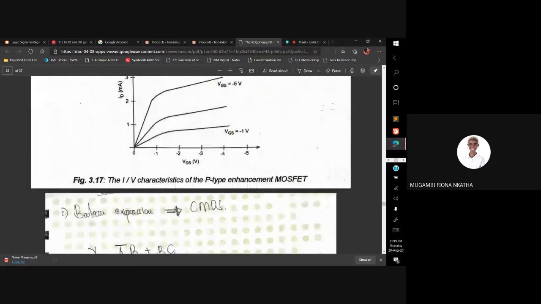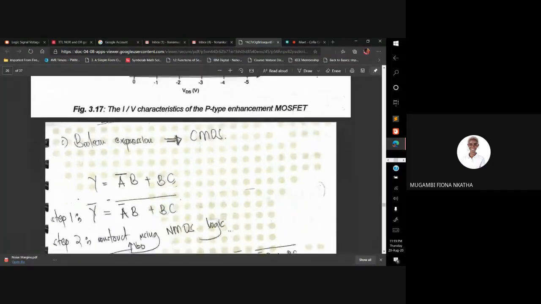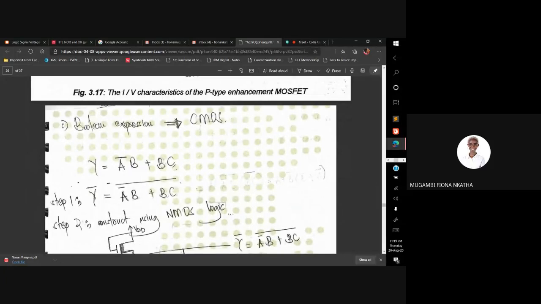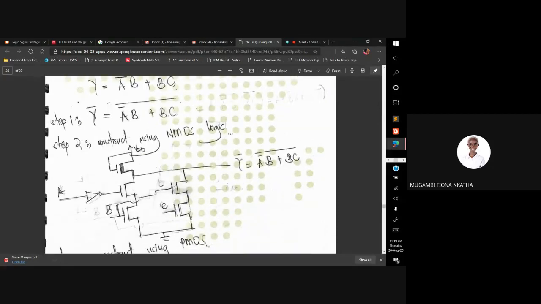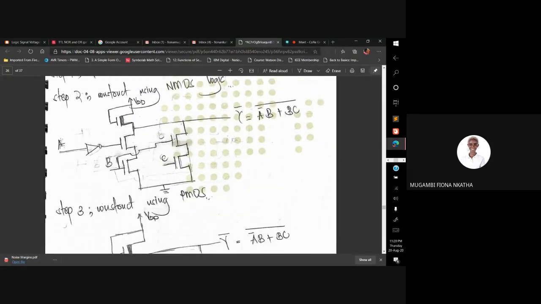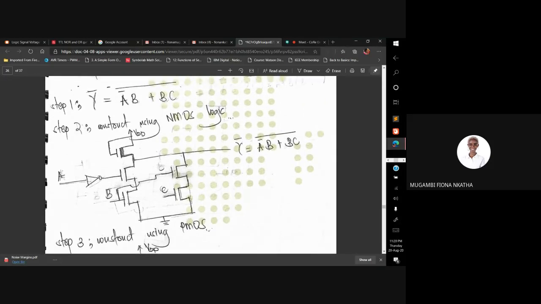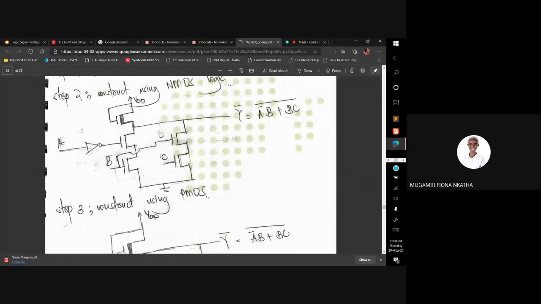So when you're given a Boolean expression and you convert it to CMOS, you have Y equal to that. We know that CMOS eventually inverts, so step 1 is to do the inversion of all of it. Step 2 is to construct it using NMOS logic so that you know how it's going to look. Step 3 is to construct the expression using PMOS.